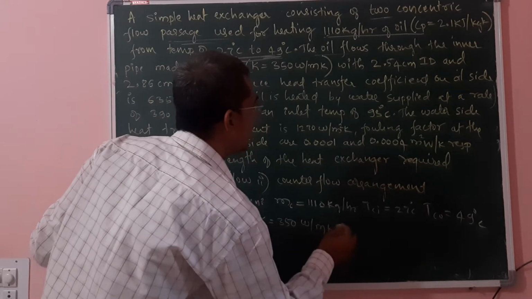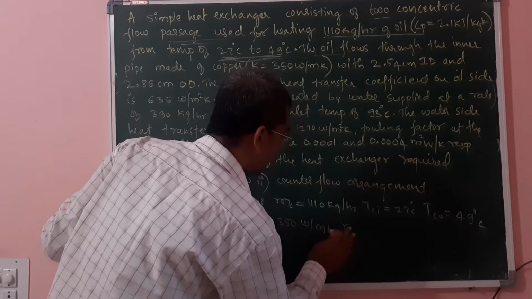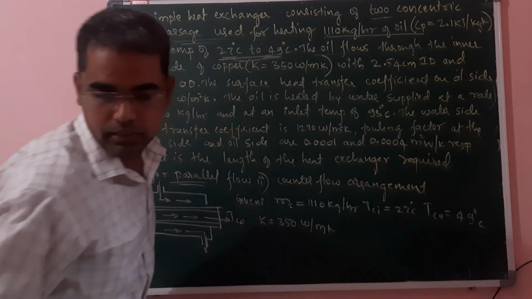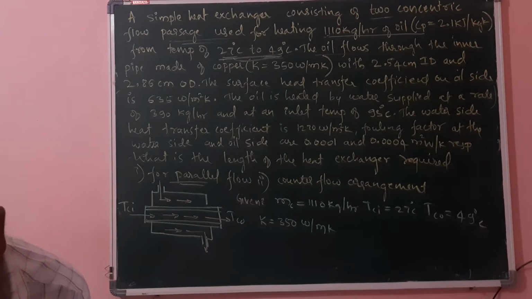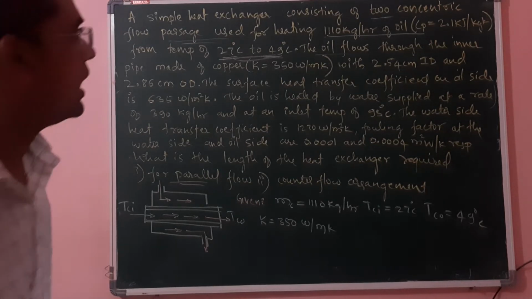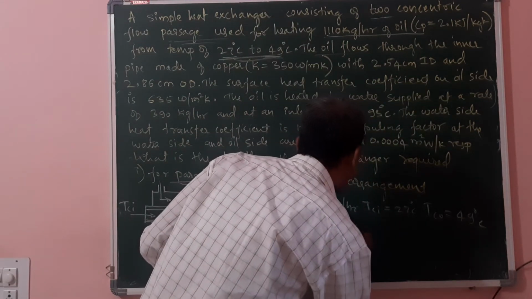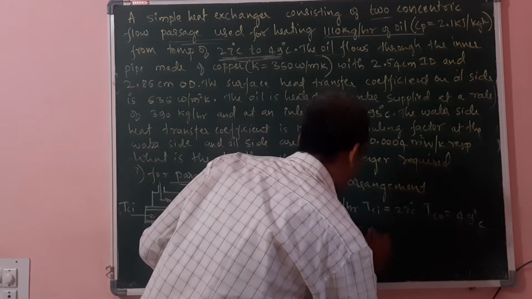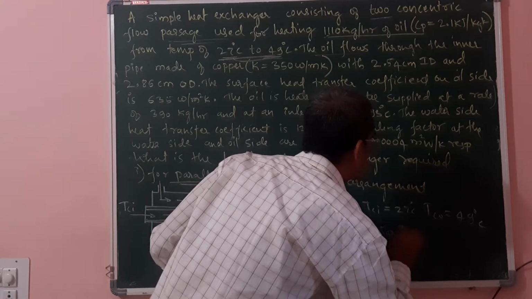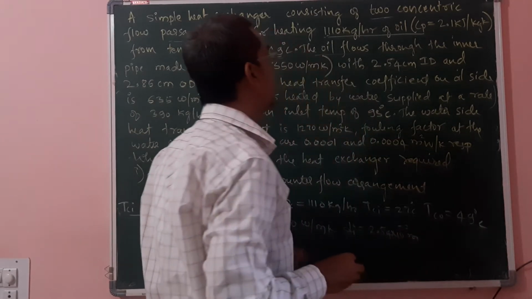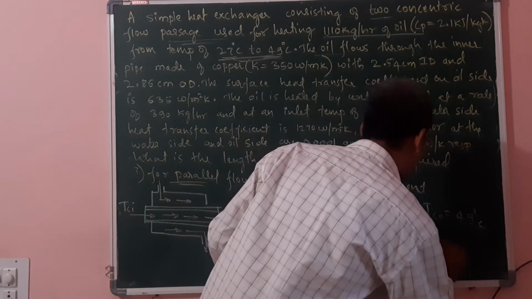The inner diameter Di, given in centimeters, I will write in meters: Di is equal to 2.54 into 10 raised to minus 2 meter.